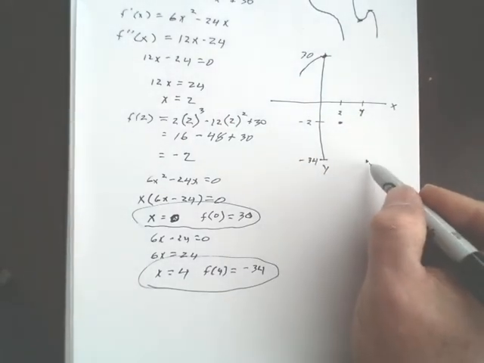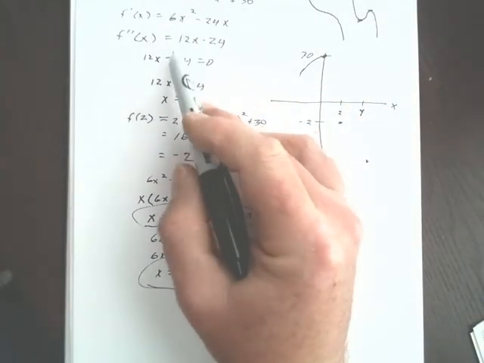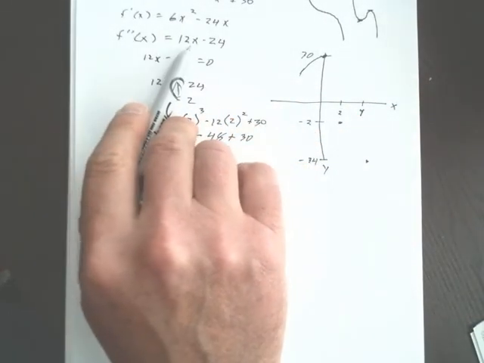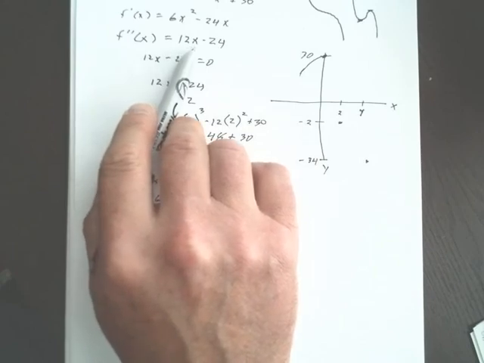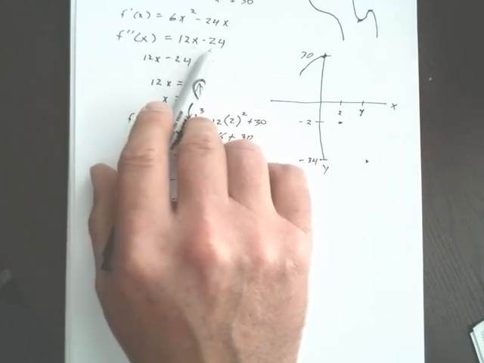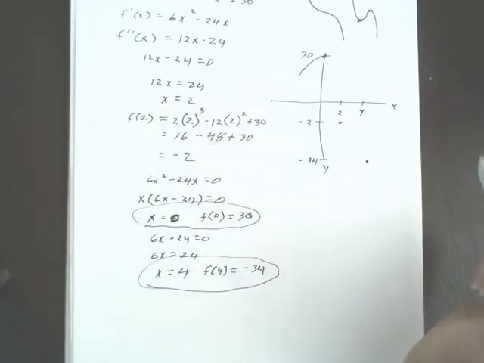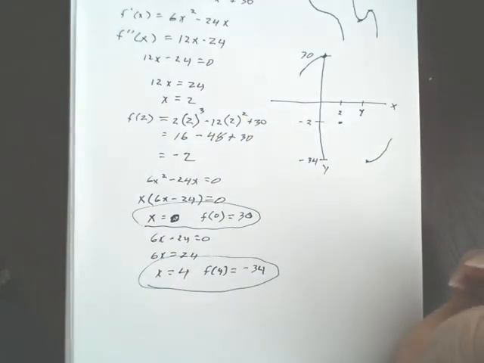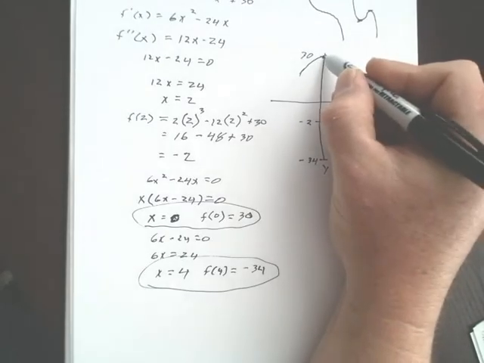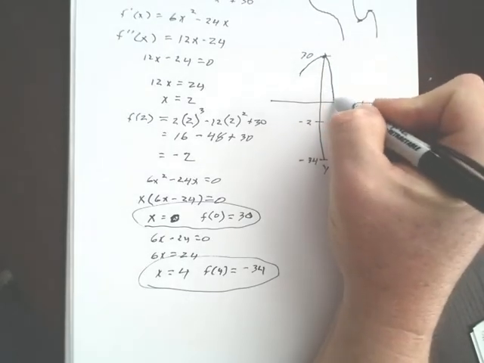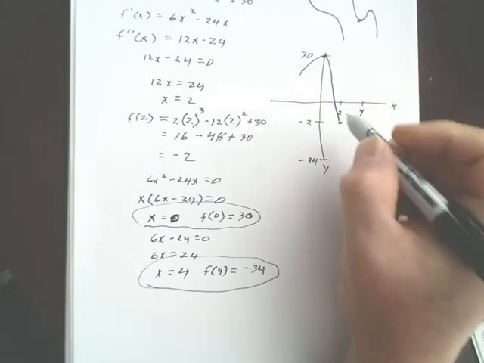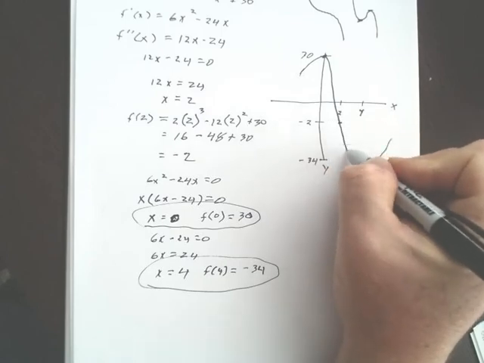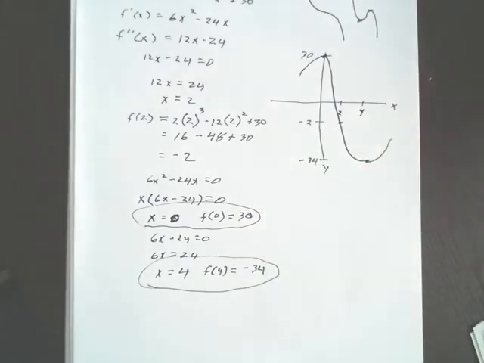Okay? When x is 4, what is f double prime of x? Well, that would be 48 minus 24, so that would be positive. So the function is concave up at this critical point, meaning that this function graphs like this.